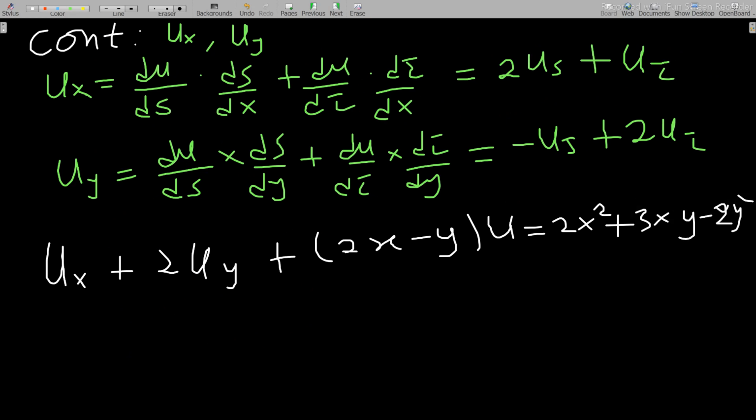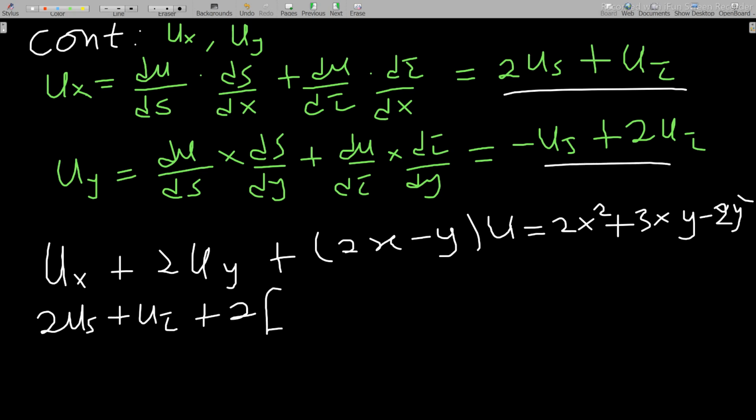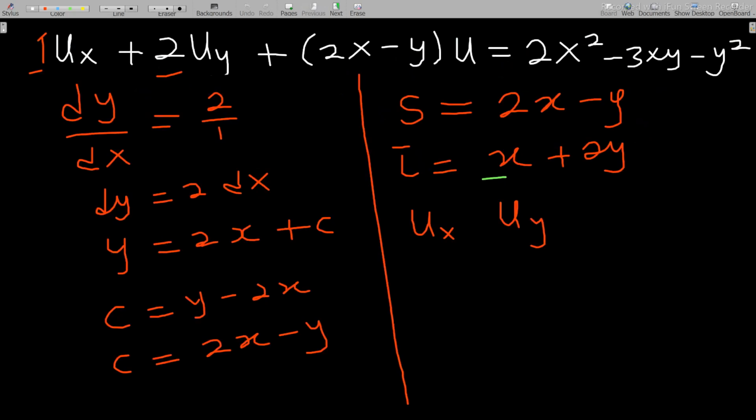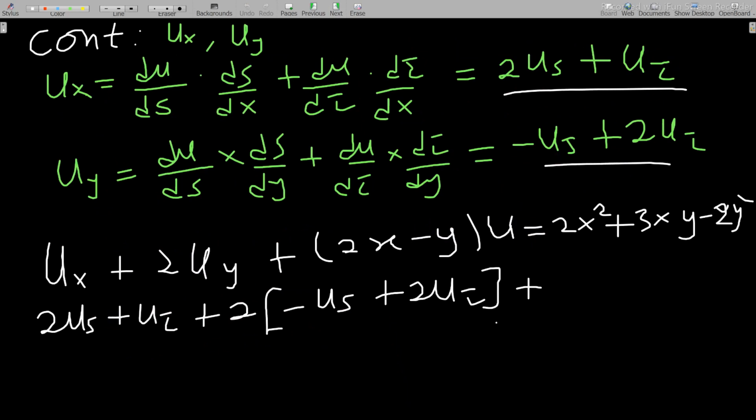Okay, now if I put my ux in, ux is this, so I have 2us plus u tau, and plus 2 into uy, which is this, negative us plus 2u tau. Okay, then plus 2x minus y is what? Let's go to our previous slide and see. 2x minus y is giving us s. Okay, so plus su equals s tau.